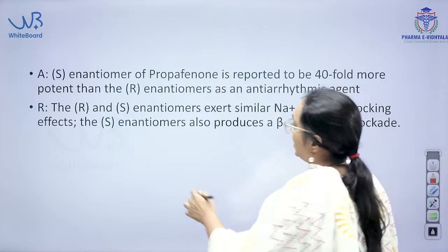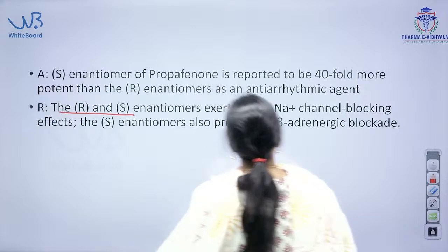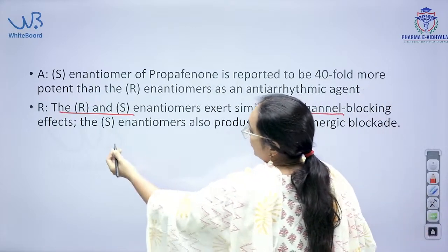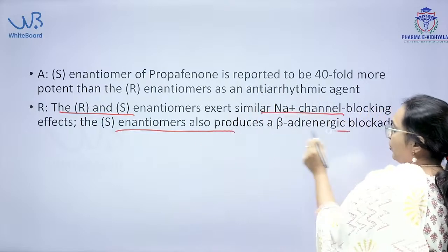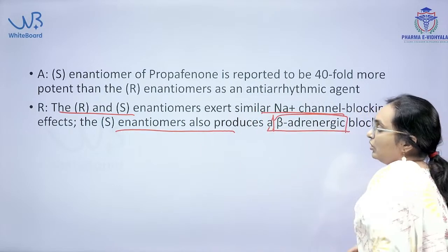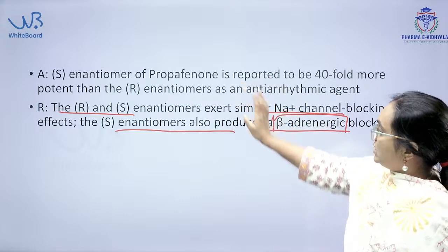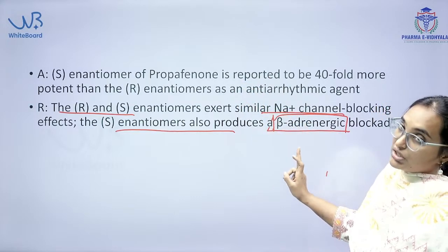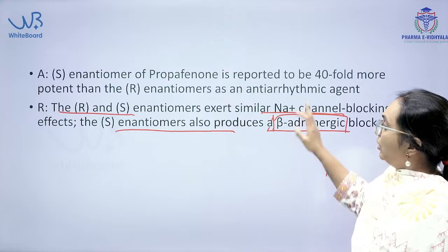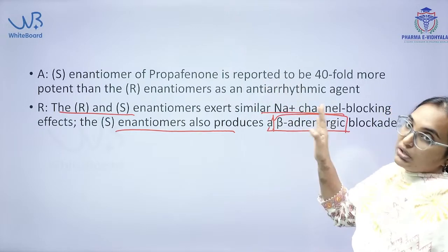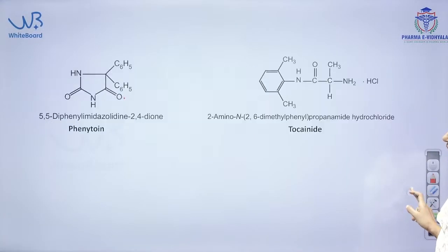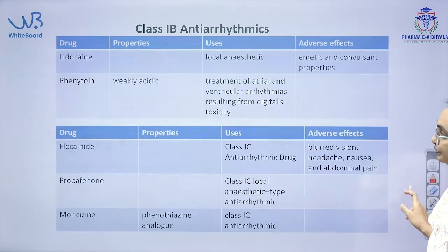That is why the S enantiomer has both activities, sodium channel blocking as well as beta blocker activity, and is more active than the R enantiomer. Yes, this is a correct explanation for A.